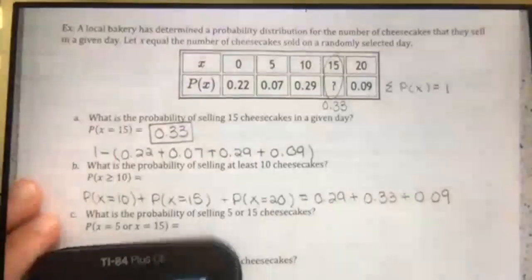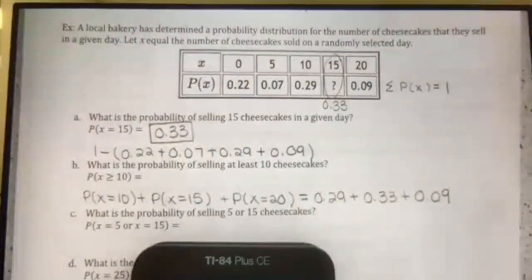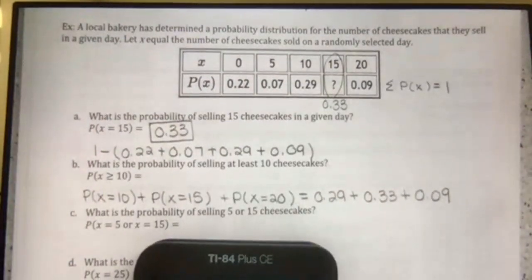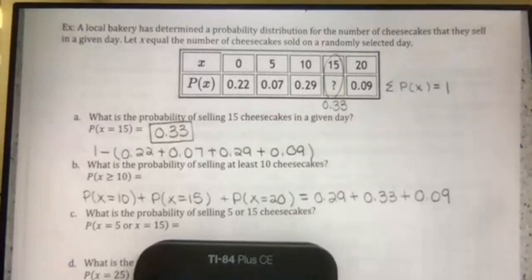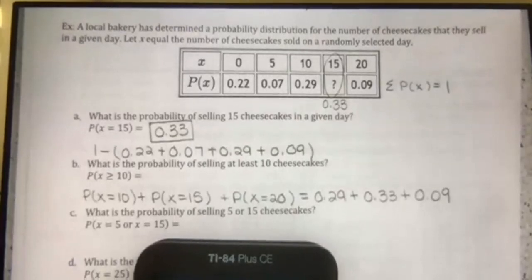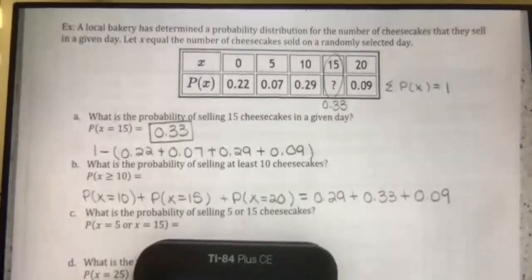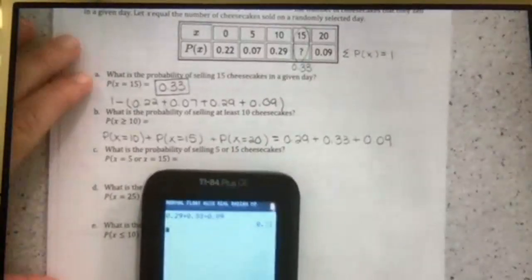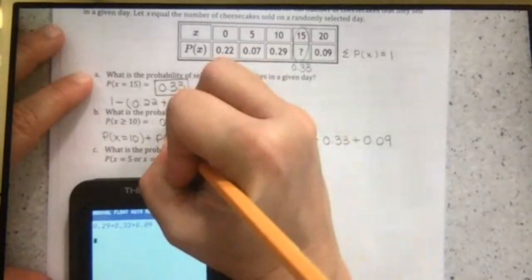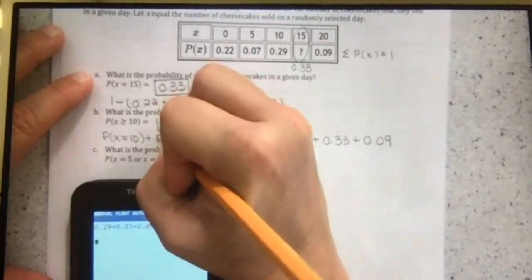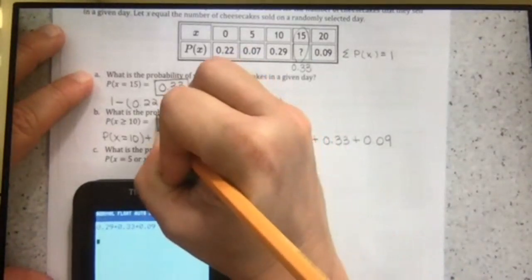We're just going to add all those different probabilities together to give us the total probability. So 0.29 plus 0.33 plus 0.09 gives us 0.71.